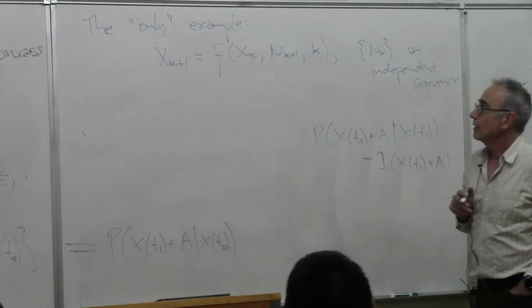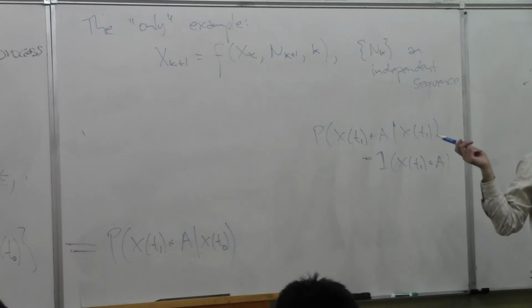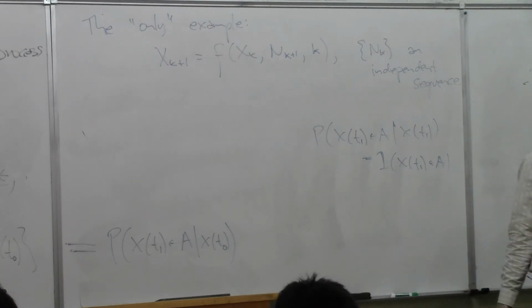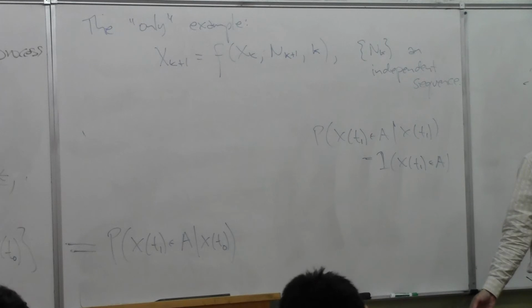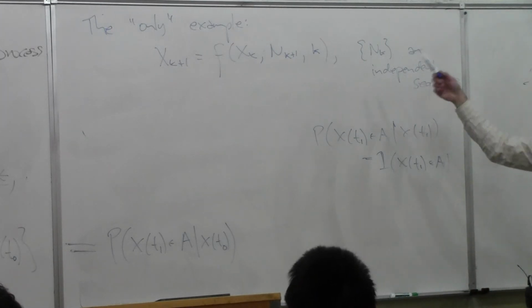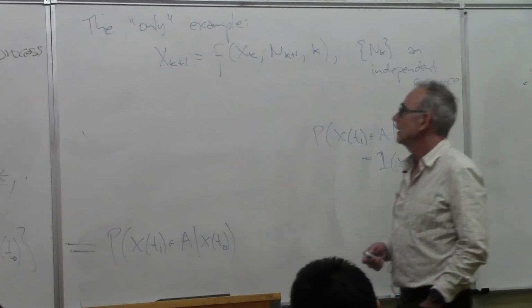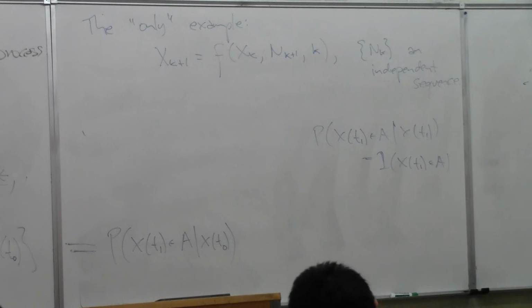Basically, you can construct a model of this form for any Markov chain. Maybe there's a counterexample out there, but anything that you ever look at, you can write in this form. There's a way of representing it in this way. It's just like a state space model, but a nonlinear state space model.